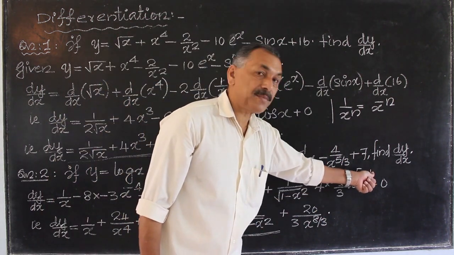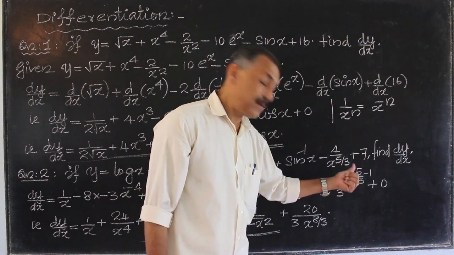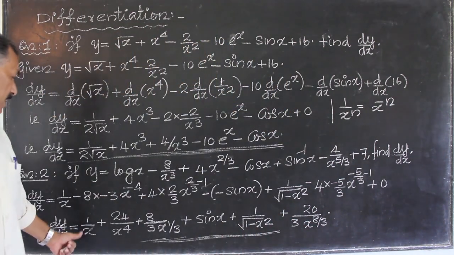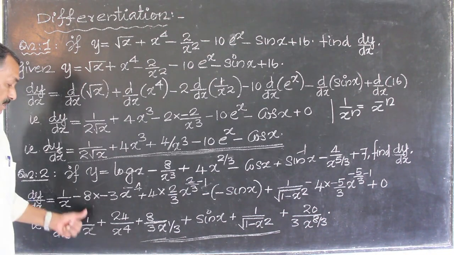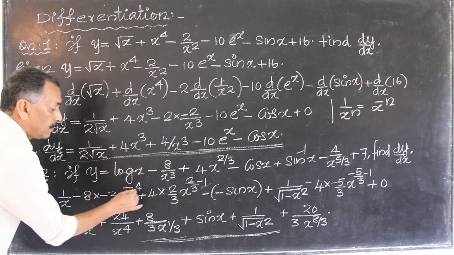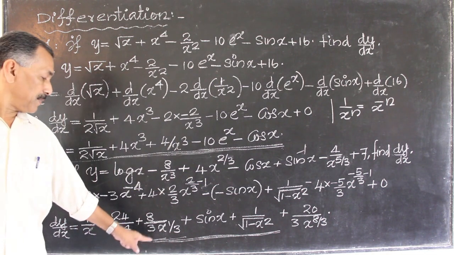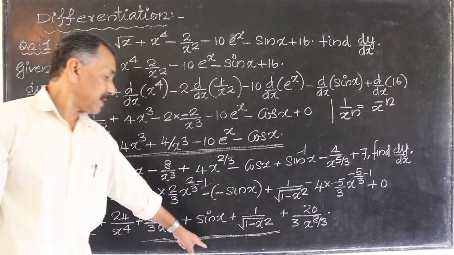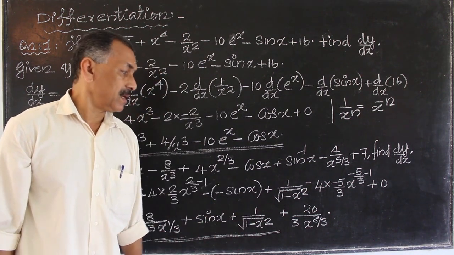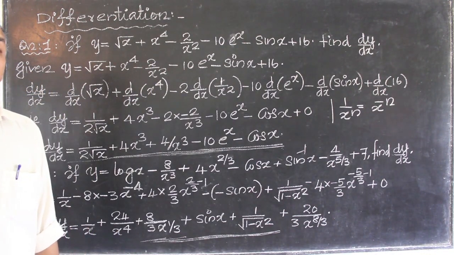Then minus 5 by 3 minus 3 gives minus 8 by 3, so x raised to minus 8 by 3, with x raised to 8 by 3 in the denominator. So dy by dx is equal to 1 by x plus 24 divided by x raised to 4 plus 8 by 3 x raised to 1 by 3 plus sin x plus 1 divided by root of 1 minus x square plus 20 by 3 x raised to minus 8 by 3, which means x raised to 8 by 3 in the denominator.